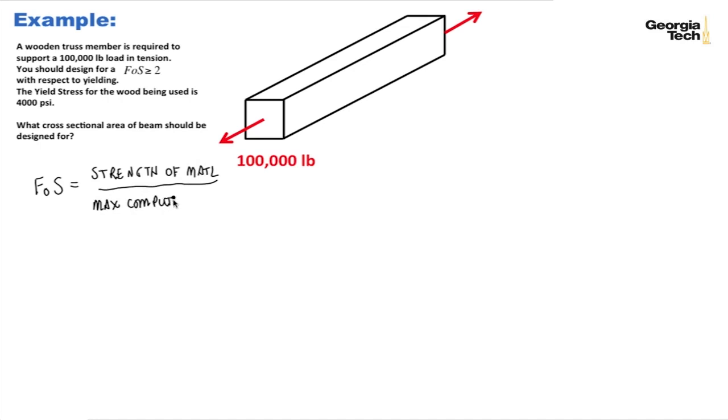And for the max computed stress, we have over here the max computed stress is going to be equal to sigma equals P over A. P is given as being 100,000 pounds, and we want to design for the area.